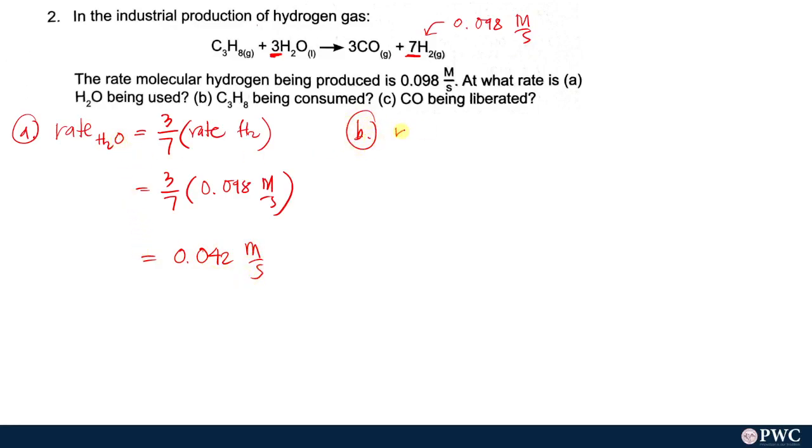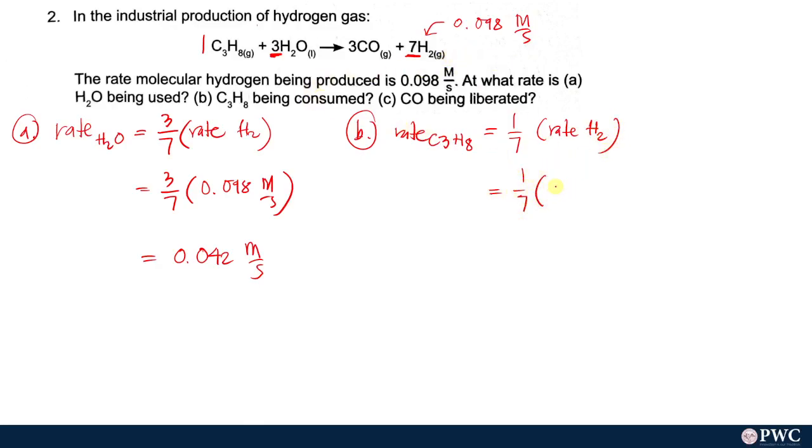Next, we have the rate of C3H8 being consumed. So again, it's equal to, let's compare the rate of C3H8 compared to H2. So here for every 7 moles of H2, only 1 mole of C3H8. So that's 1 over 7 times the rate of H2.